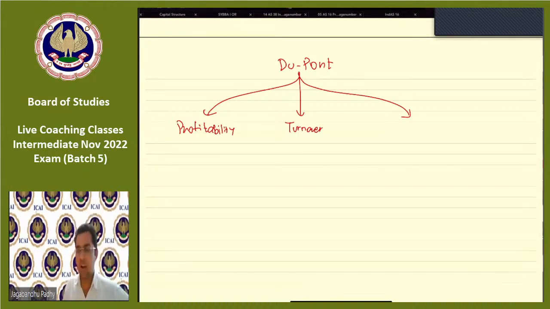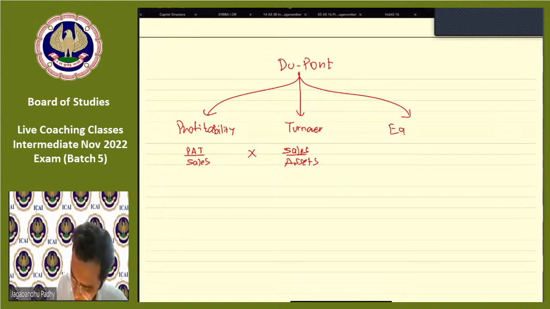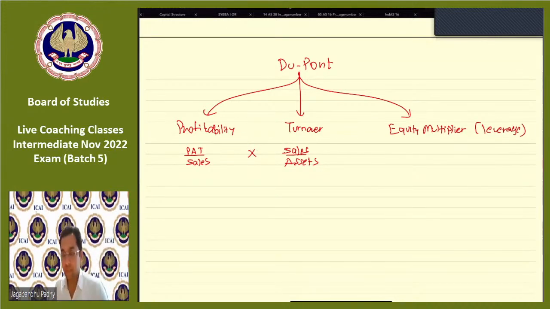So profitability is, for every unit you sell, what percentage do you have? That should be PAT upon sales. The turnover will be how efficiently you're utilizing your assets, so sales upon assets. And one more impact we can give over here is the equity multiplier, or this is also said to be the leverage effect. That is assets divided by equity shareholders funds.